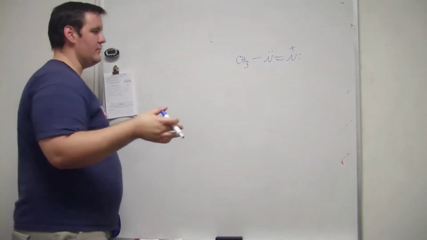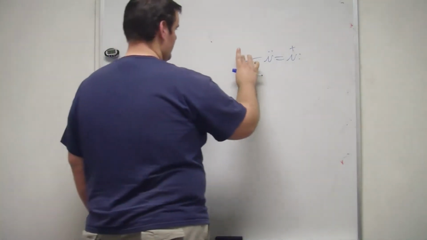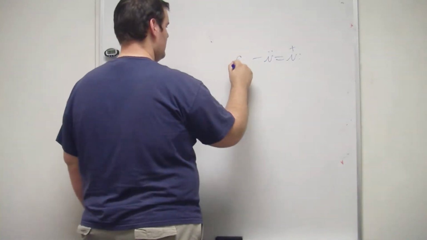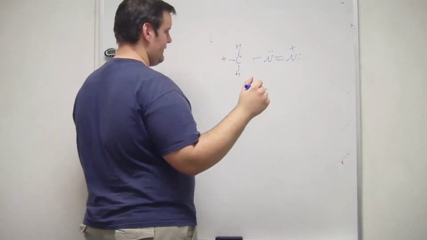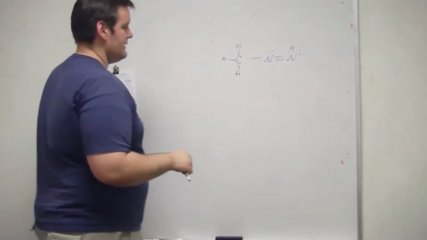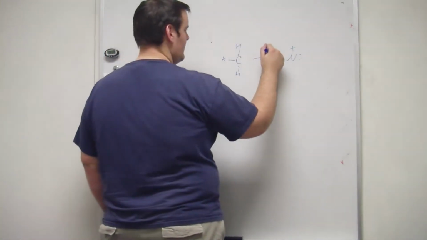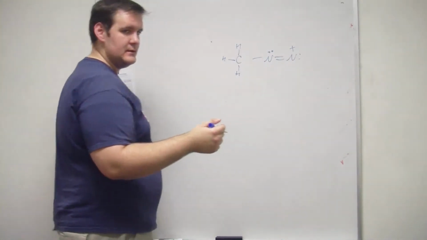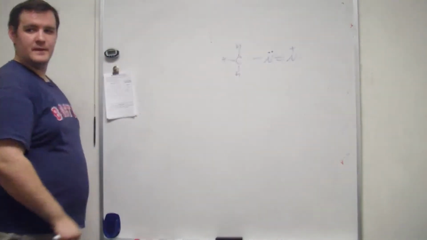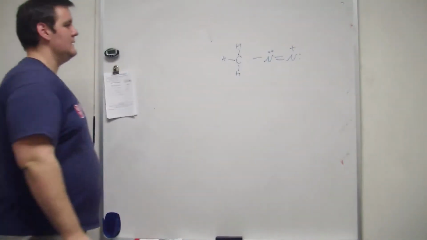So if I'm going to, let me draw it this way. If I'm going to push electrons, one thing I notice here is I have 2 lone pairs and I have this double bond. So those things can push.